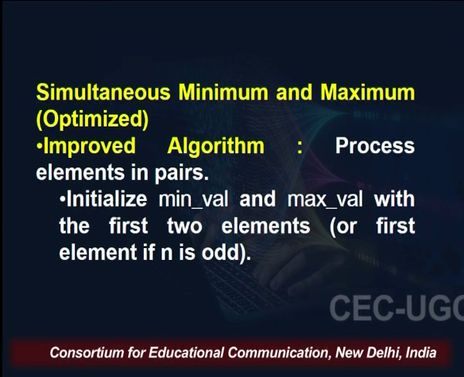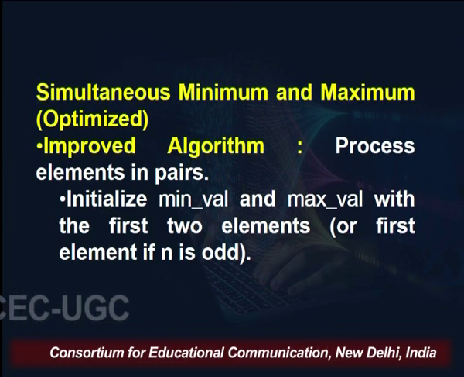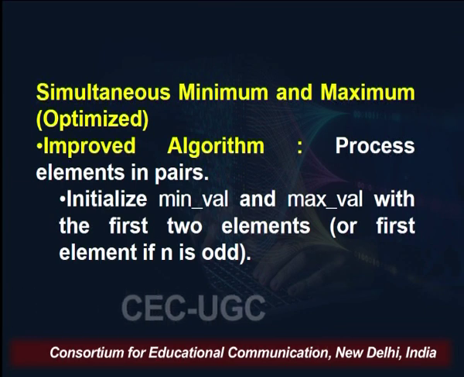The initial values will be the first element as both min val and max val if n is odd, or the first element as min val and the second element as max val if n is even.